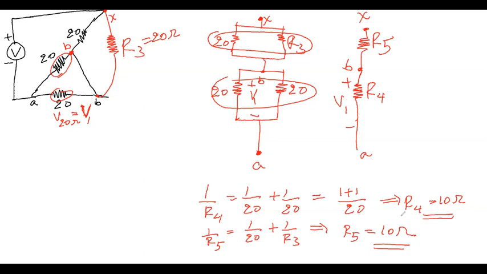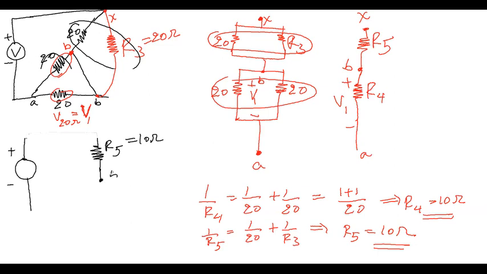So what do we have? The parallel combination of these two is 10 ohm. The parallel combination of these two is 10 ohm. So what we have is a voltage source plus minus, which is connected to R5, which is 10 ohm.